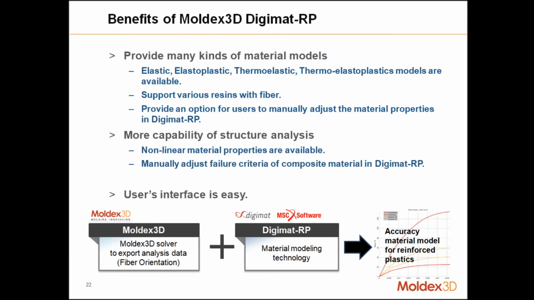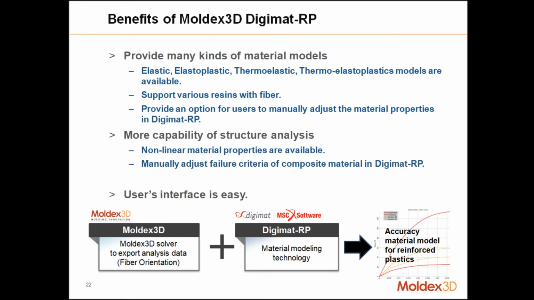In the beginning, you can input the experimental data provided by the material supplier or your own material laboratory. In this case, you can create the stress-strain curve in different directions of your sample test, from 0 degree, 45 degree, and 90 degree.